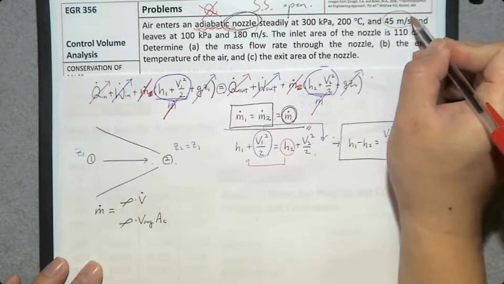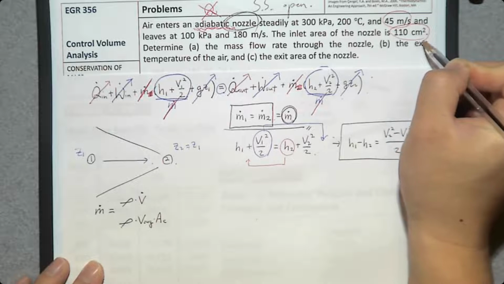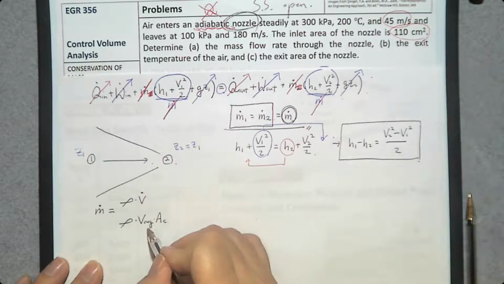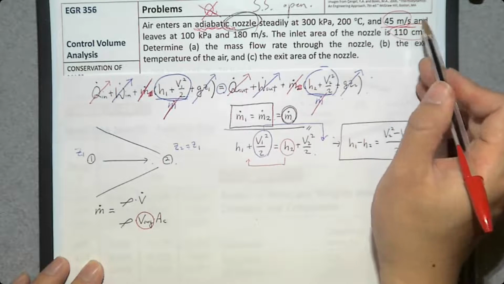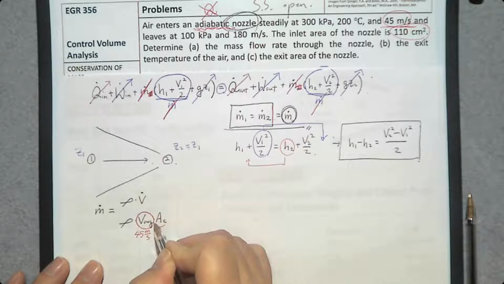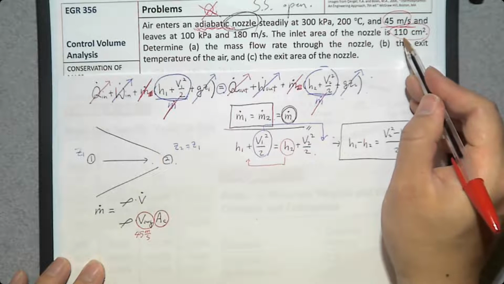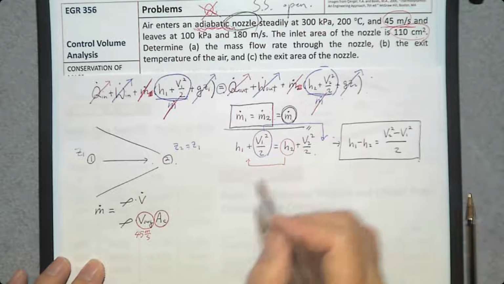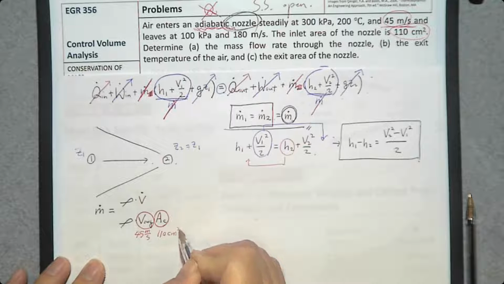In this problem, we have velocity and cross-sectional area at the inlet. So we have this velocity V, which is 45 meters per second. And we have this cross-sectional area, which is 110 centimeters squared. But we do not like centimeters.